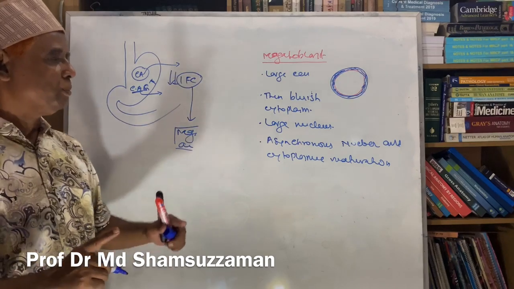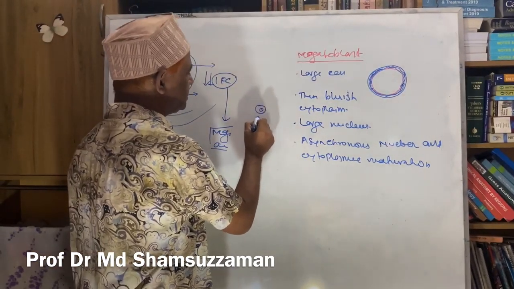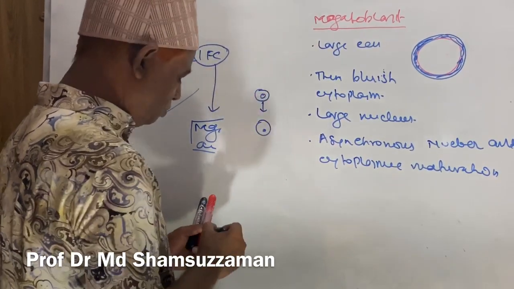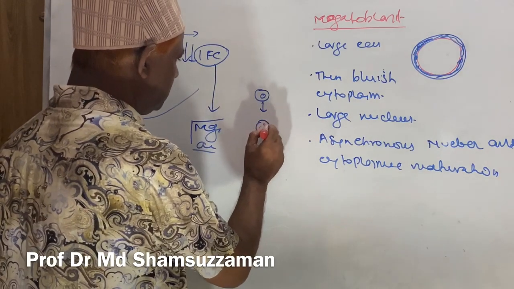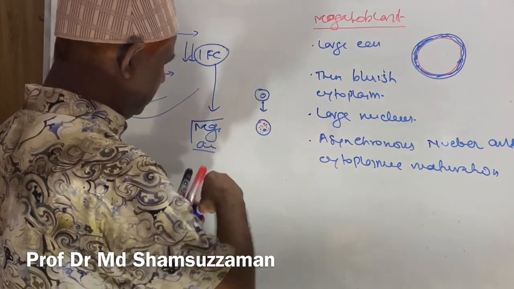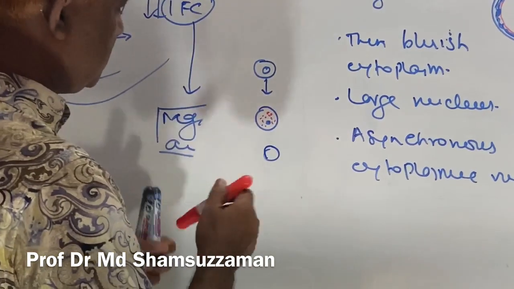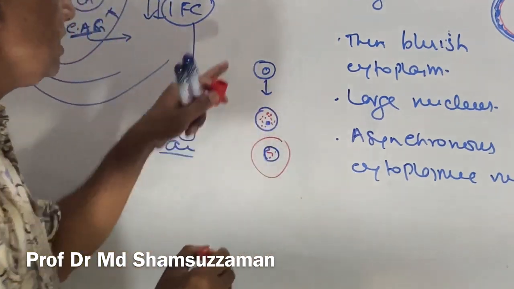During development of RBC, there is a nucleated red cell like this, then there is development of a smaller nucleus or pigmented nucleus, and there is appearance of hemoglobin. Ultimately, there is exclusion of the nucleus, and the RBC is filled with complete hemoglobinization. This is the mature RBC. This is the maturation.